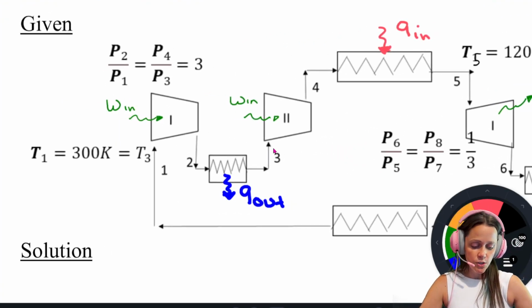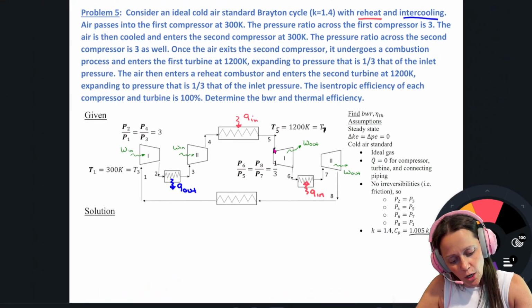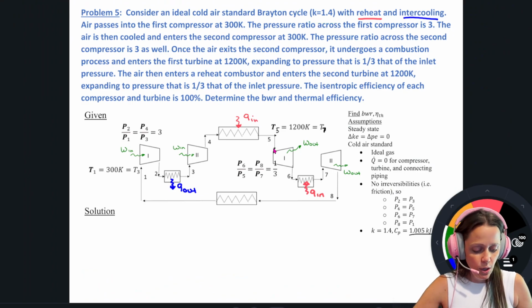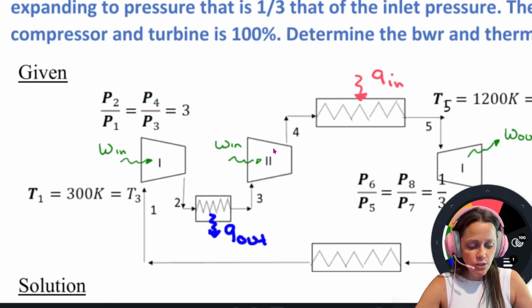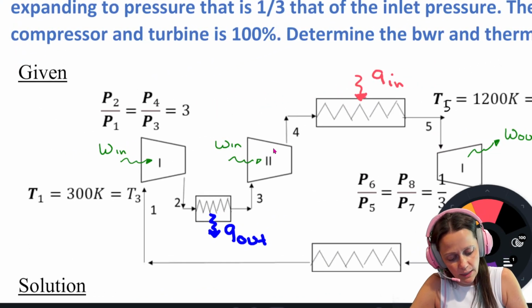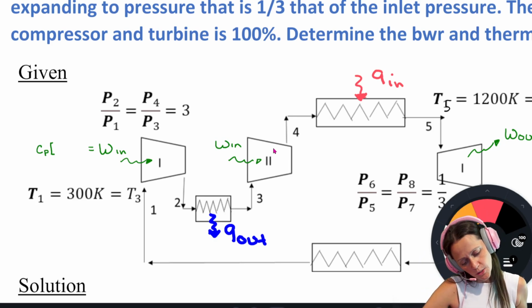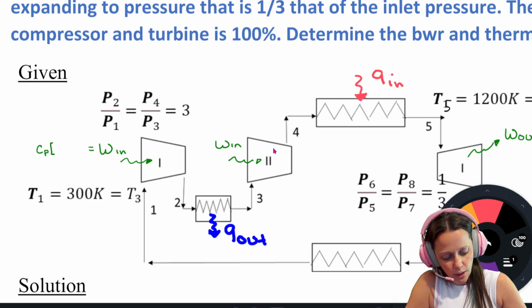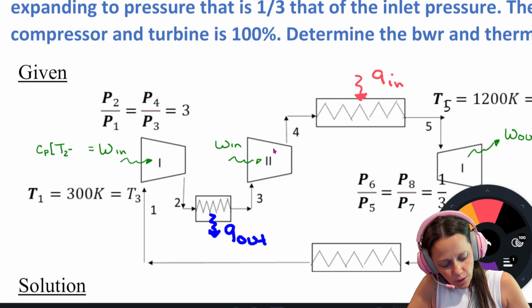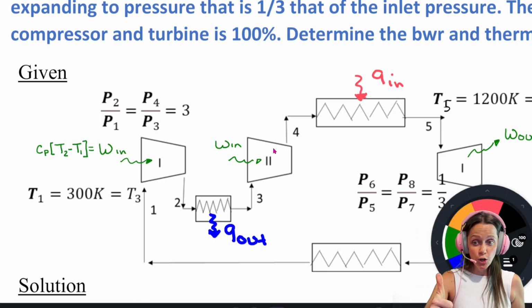So you'll get things in terms of delta H, which, because we're making the cold air standard assumptions, I'm going to put in terms of CP delta T. This becomes CP. This one's between 1 and 2. It'll be T2 minus T1. Again, apply your first law and derive it.